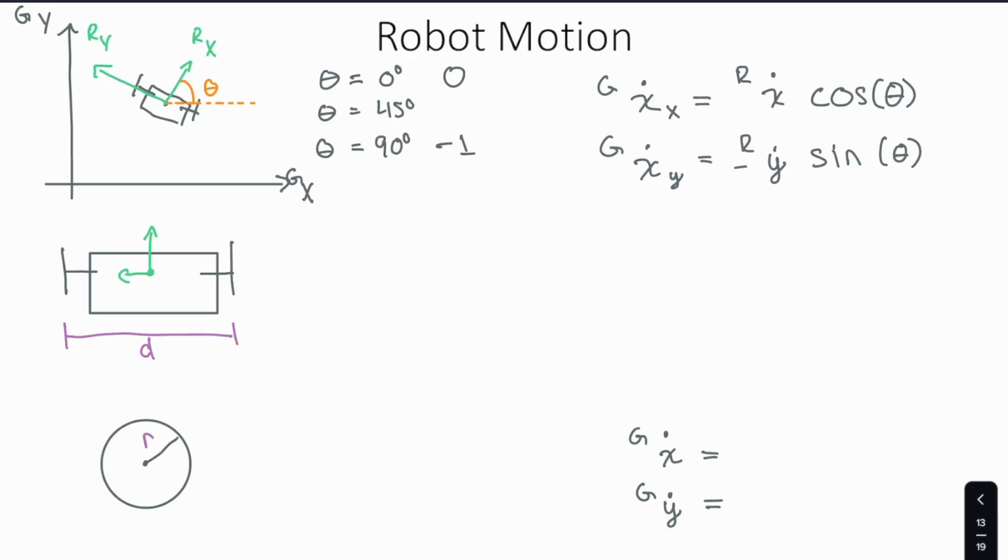So with those two components, we can now list out what x dot in the global frame is. And it'll take contributions from both translation along xr and yr. And we should do the same exercise for figuring out what happens to y dot in those two cases.